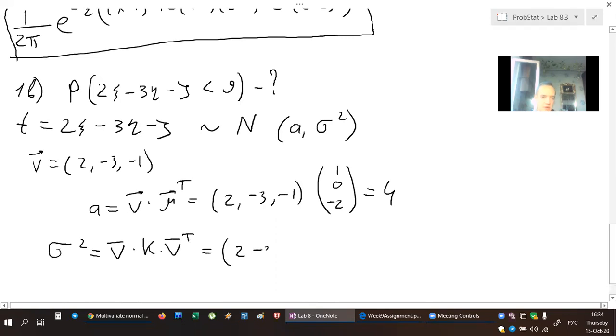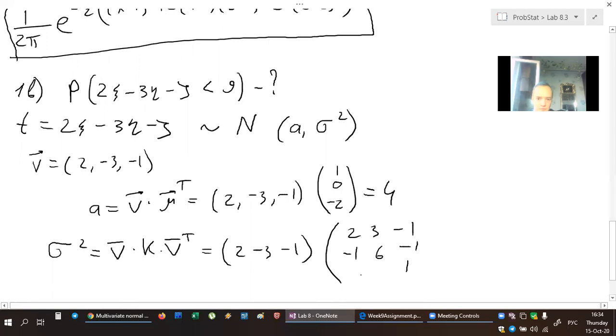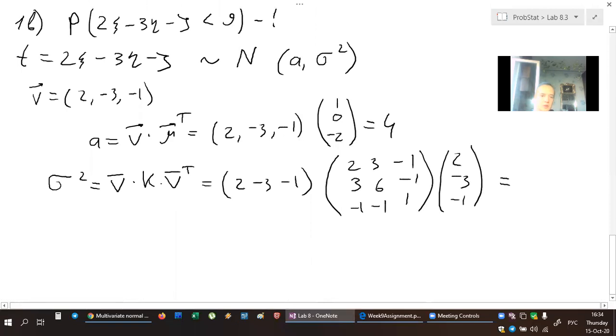So we have 2 minus 3 minus 1, then the matrix, 2, 3 minus 1. Oh, it should be 3 here as well, sorry. And the column is 2 minus 3 minus 1. Okay, so first we multiply the row by each column of the matrix.